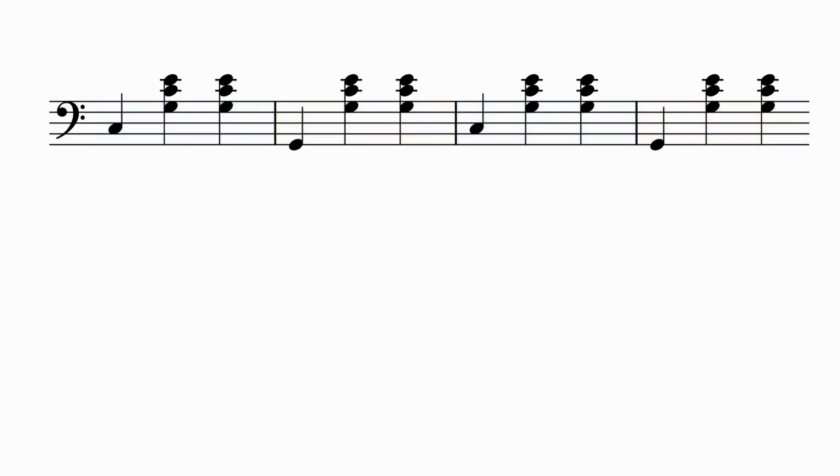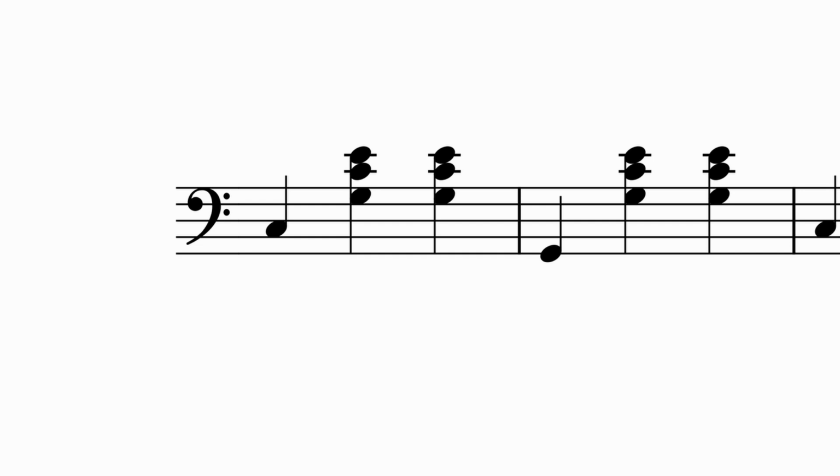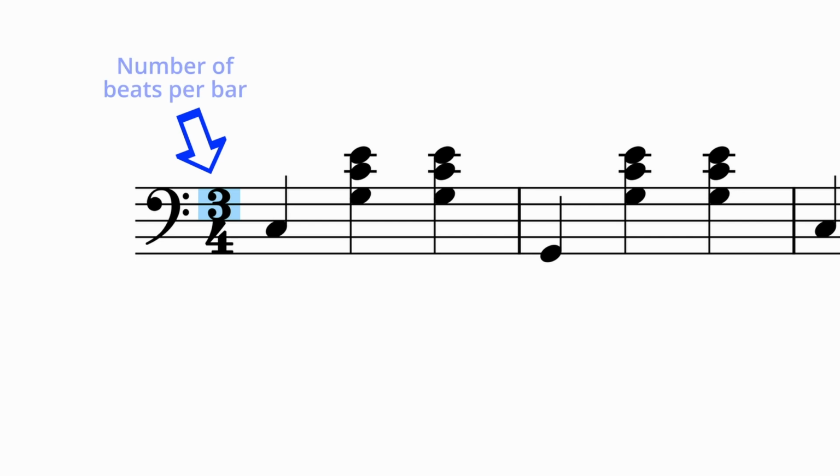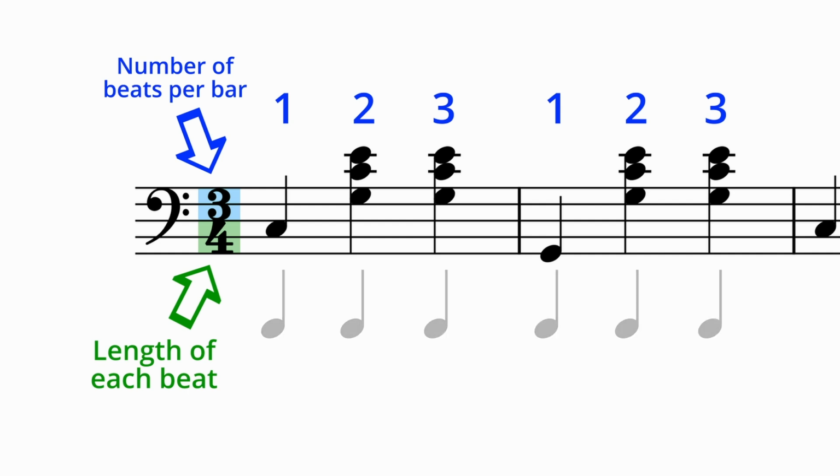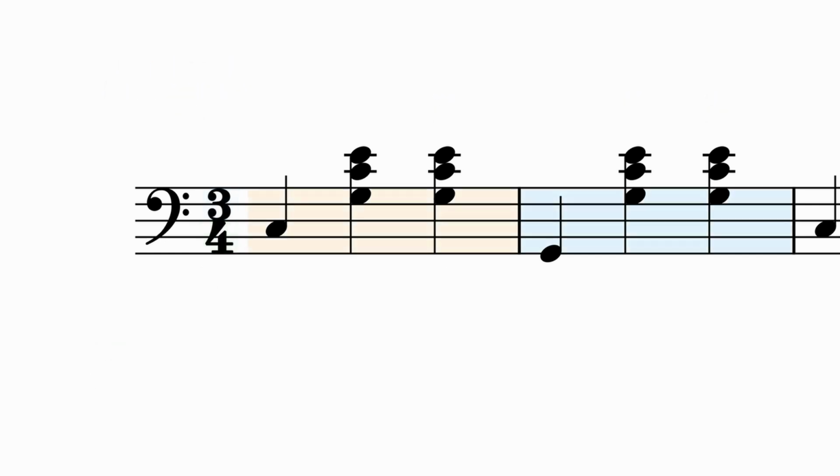At the beginning of every piece, there's a time signature which tells you about its rhythmic structure. The top number gives us the number of beats in each bar, and the bottom number tells us which note length corresponds to 1 beat. So in this case, the time signature informs us that each bar has a length of 3 quarter notes.